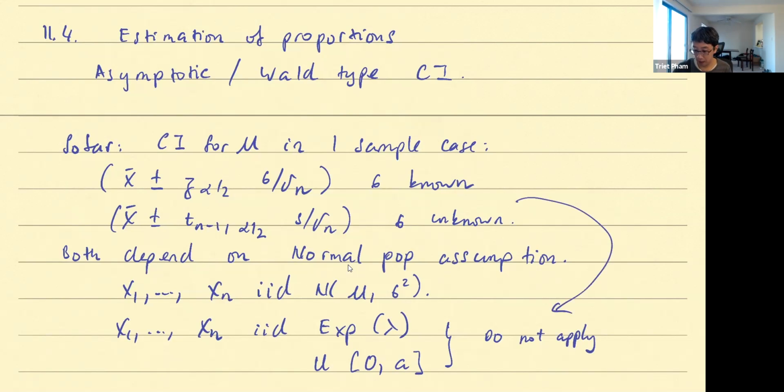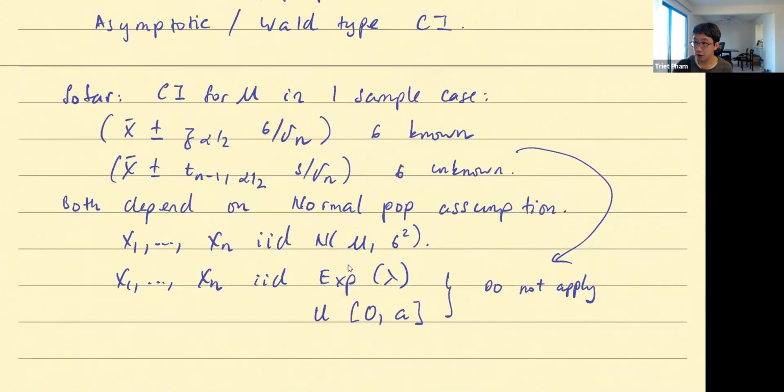For the obvious reason that X bar in these cases does not have the normal distribution. If you want to construct it correctly, you have to derive the pivot stat that relies on somehow summing the exponentials or summing the uniforms, as you see on the homework.